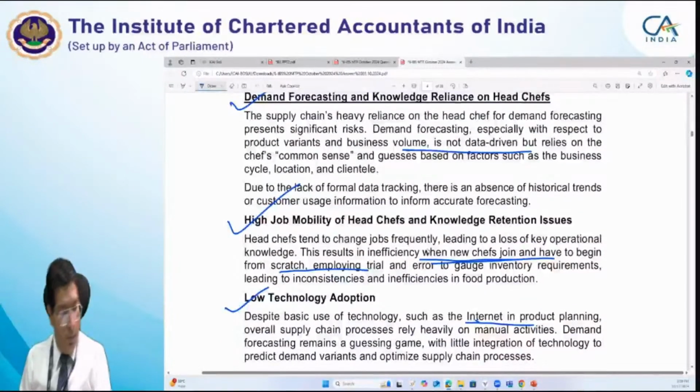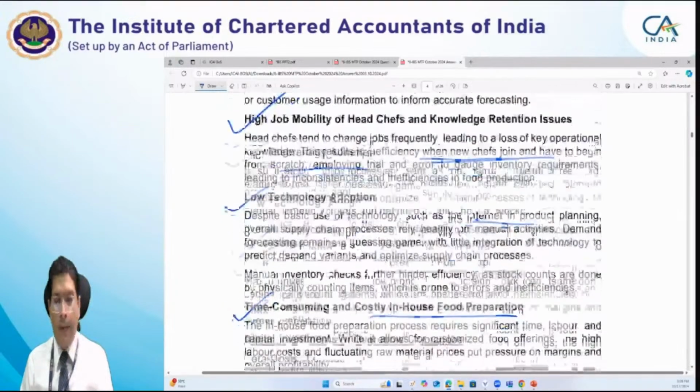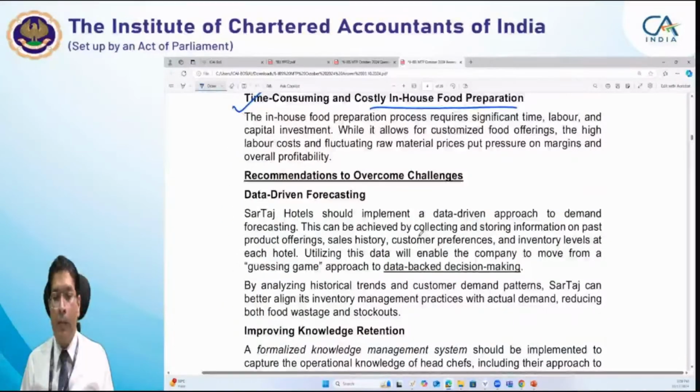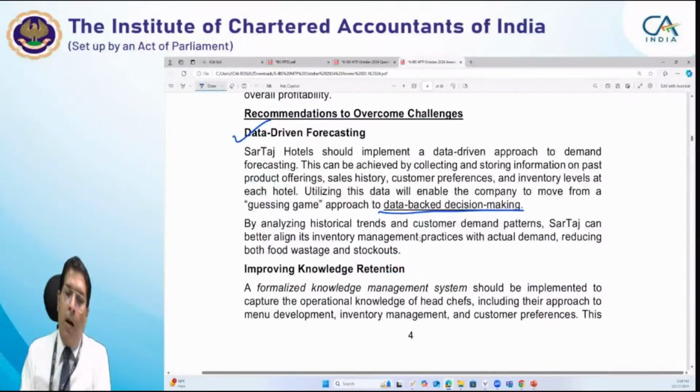How will you counter all four of these? You have to forecast demand based on data. You have to do data based decision making. Second, to counter high job mobility, you have to improve knowledge retention.